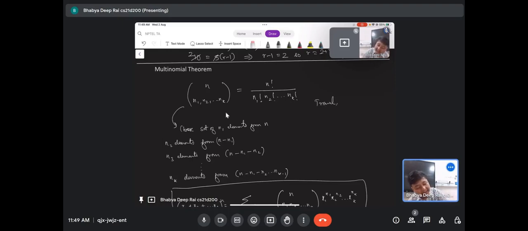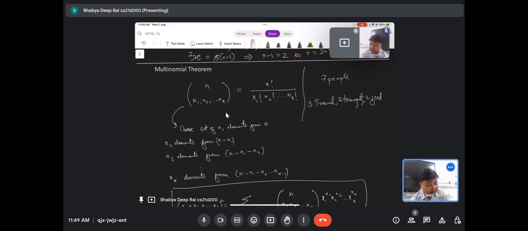Travel, transport, food, and there are 7 people. How many ways can I allocate them into these, such that I need 3 people for travel, 2 for transport, and 2 for food? How many ways can I do that?